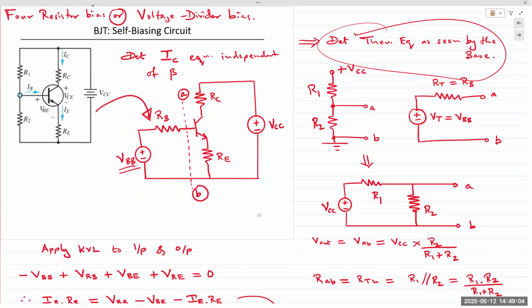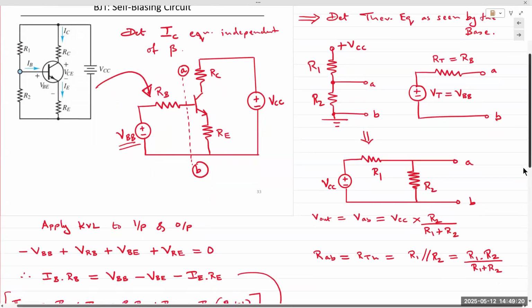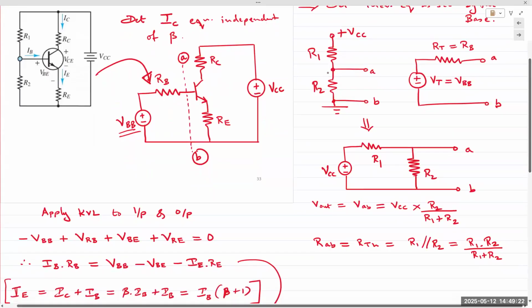And to determine that, we use the Thevenin theorem. Once we apply Thevenin theorem, we can calculate the equivalent resistance as seen from the perspective of the base, as well as the VBB value that we're applying into the base. So the Thevenin network as seen by the base is right here.